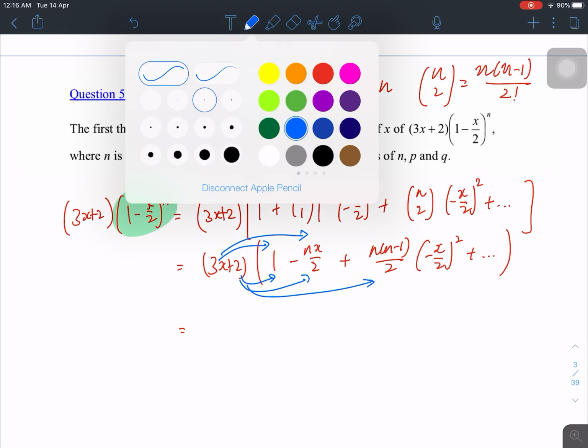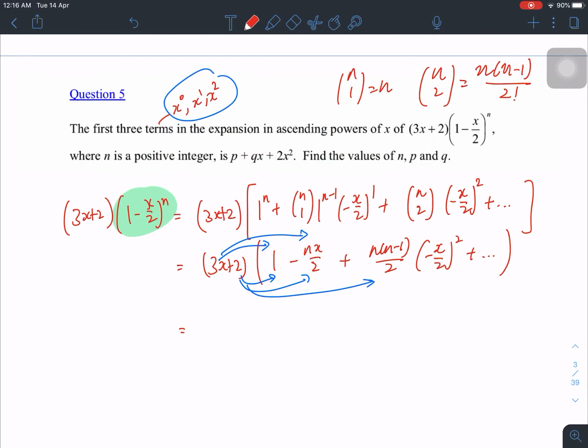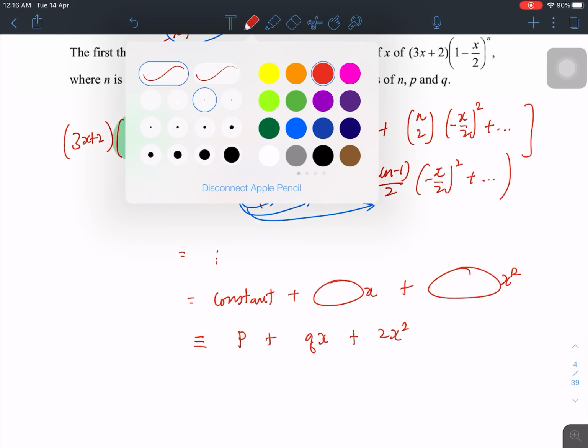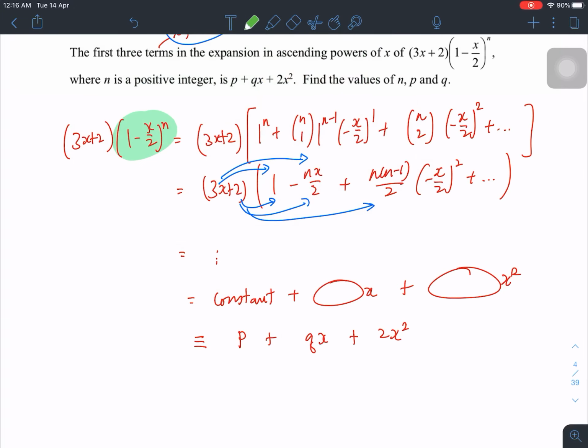So what you do finally is simply just to tidy up. Expand, I leave you to do that. So you should get a constant plus some x term plus some x squared term. And this is equivalent to p plus qx plus 2x squared. So this is what the question has given to you.